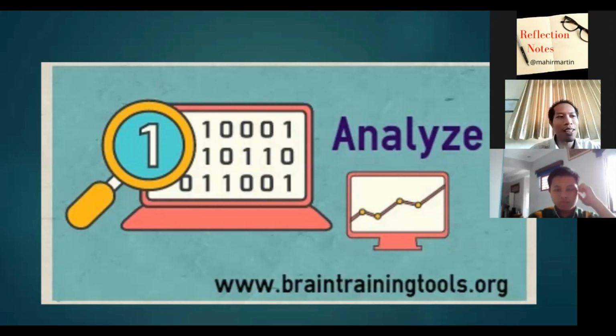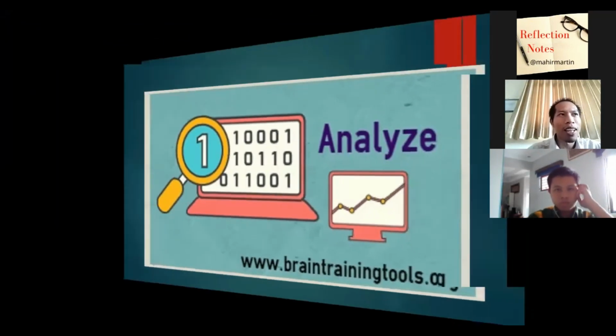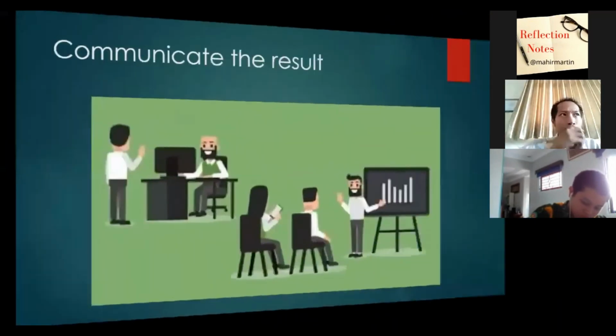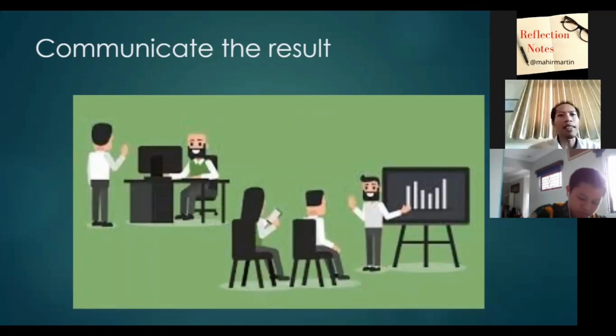After I analyze, I can conclude like that. Okay, after we did the analysis, then at the last, we are going to conclude it. The conclusion is corrosion is caused by the water. This is my conclusion.